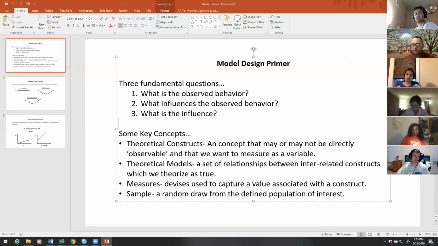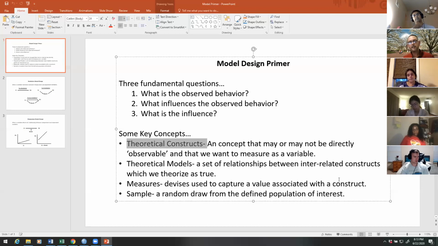So, some key concepts just to root ourselves. I mentioned this lots and lots of times: a theoretical construct. When we talk about theoretical constructs, we're talking about concepts that may or may not be directly observable or measurable. But these key constructs are things that we need to measure, and they form our variables.